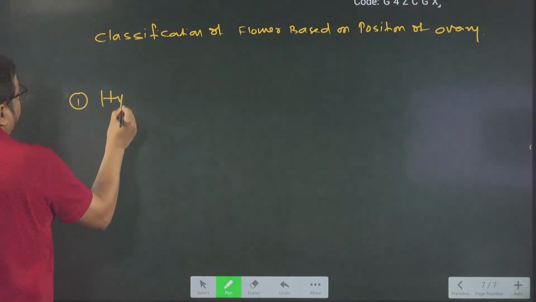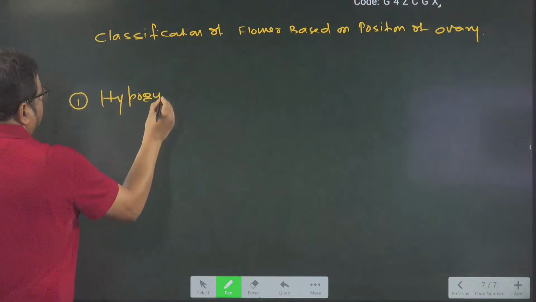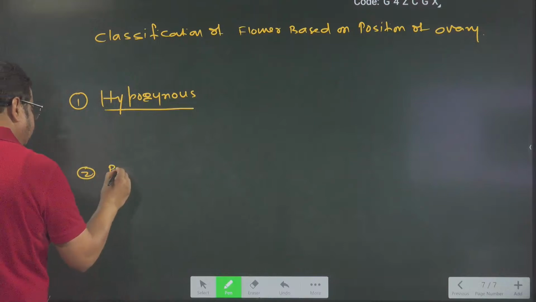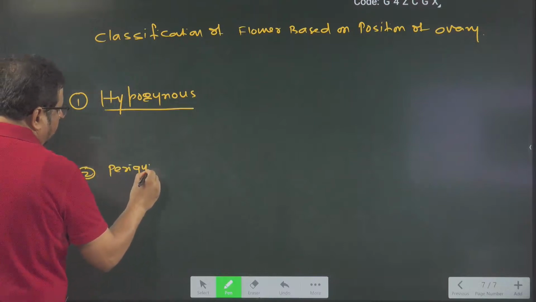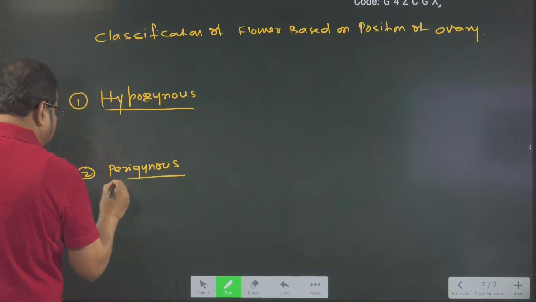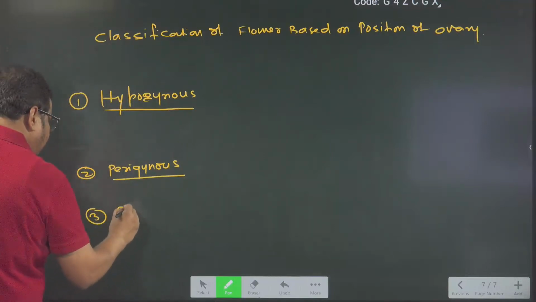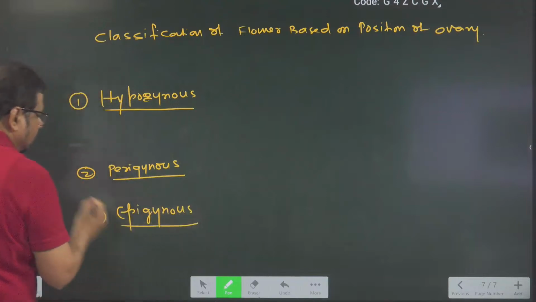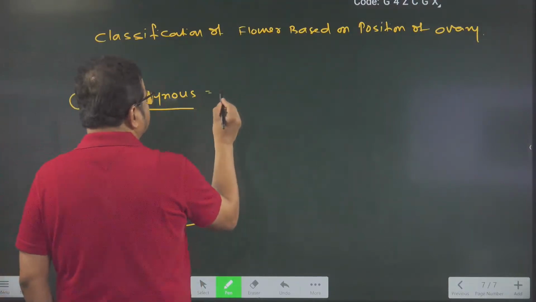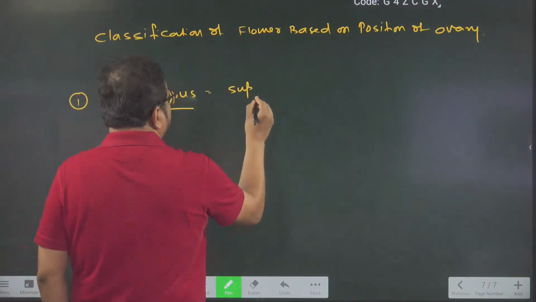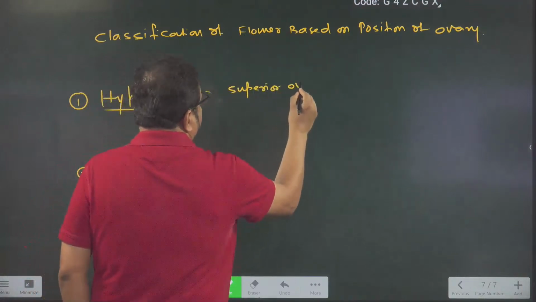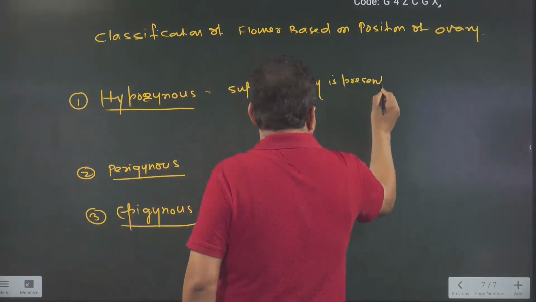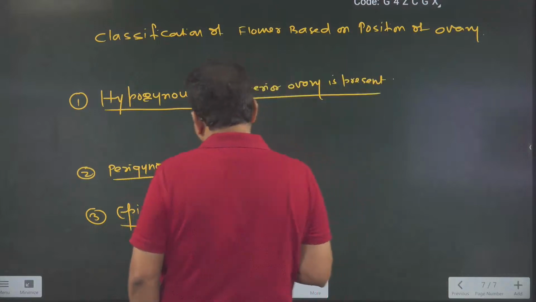One is hypogynous, another is perigynous, and the third one is epigynous. So what happened in the case of hypogynous? Superior ovary is present. Why is superior ovary present?